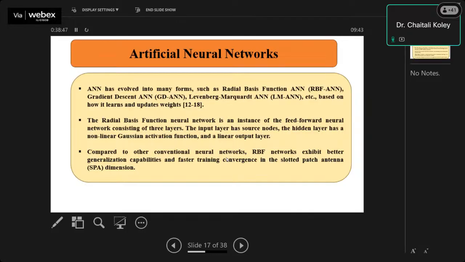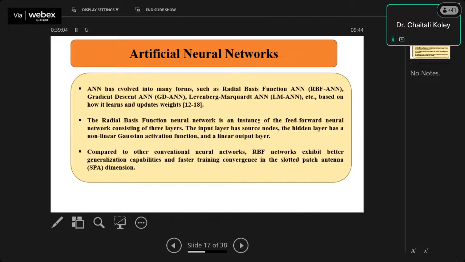Compared to other conventional neural networks, researchers found that the RBF network exhibits better generalization capabilities and faster training convergence in slotted patch antenna dimension.